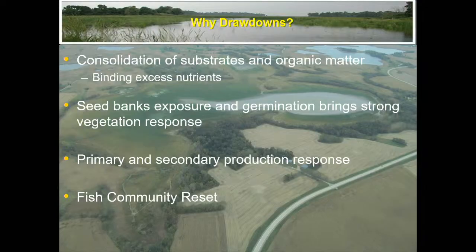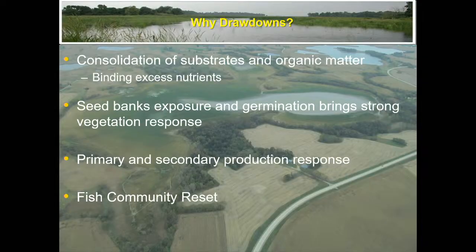But we're also exposing seed banks, so we can get a lot of these rushes and other emergent vegetation. They kind of need that change in water levels. So these drawdowns give them that natural variation that lets them germinate, lets them pop through.